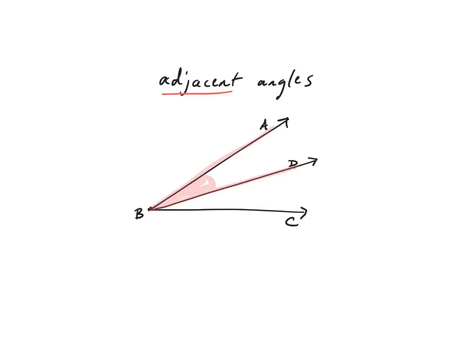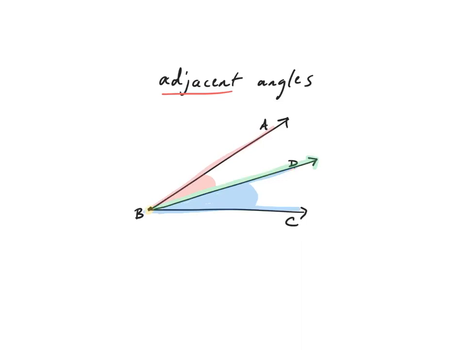It is next to angle DBC, which is this angle right here. And they share a common side of ray BD, and then they also share a common vertex of vertex B.